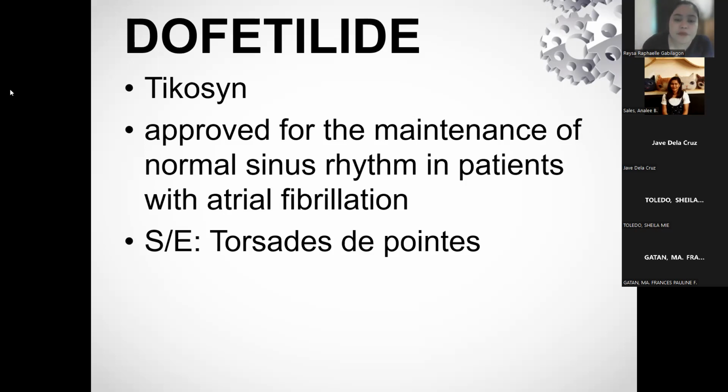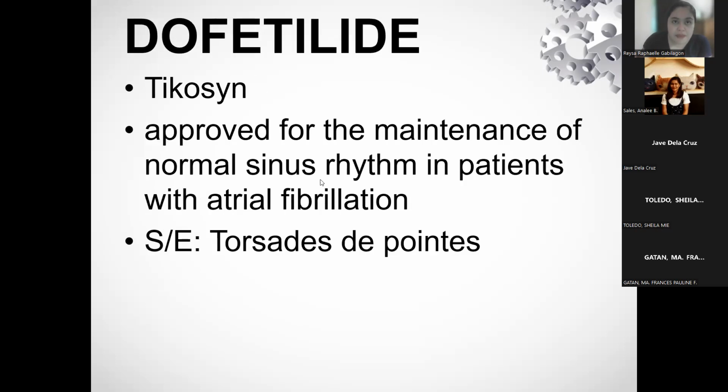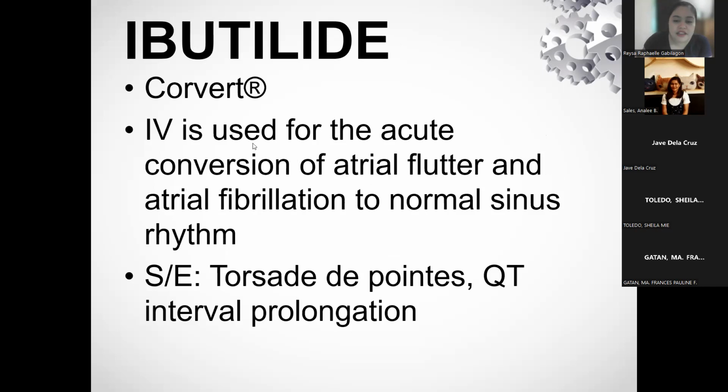However, our problem with dofetilide is that this can also cause arrhythmia in the form of torsades de pointes, one of the most dangerous forms of arrhythmia. Its relative is ibutilide. Its brand name is Corvert. It is given intravenously.